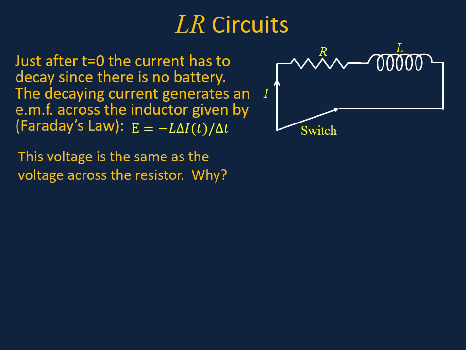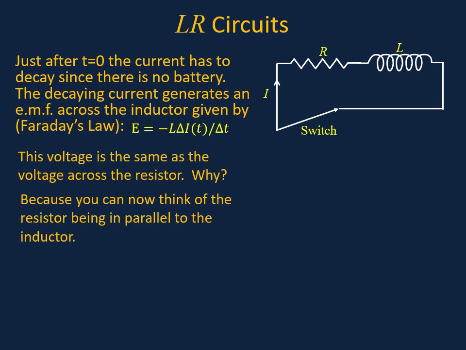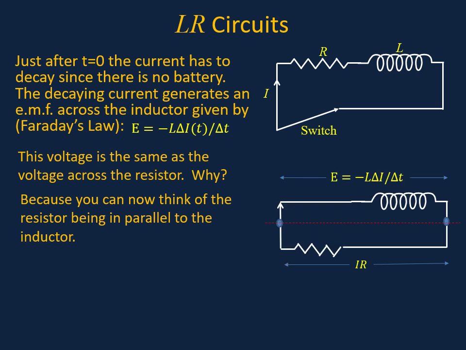Now, the voltage across the inductor, you should recognize, is the same as the voltage across the resistor. Why? If this is not clear, let's take a look at another way of writing the same circuit. You can rewrite the circuit shown on the top as follows.